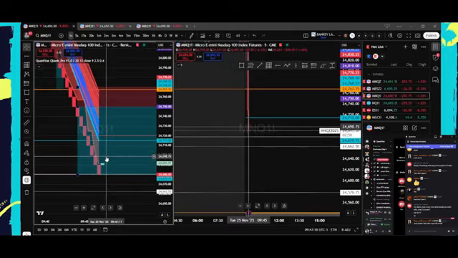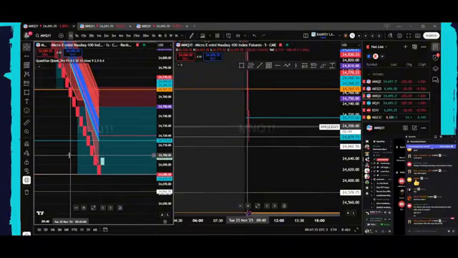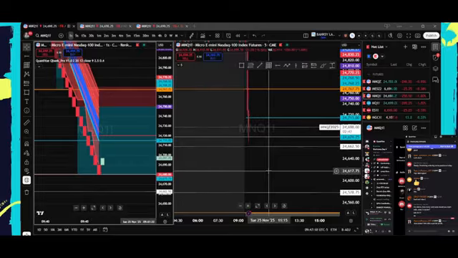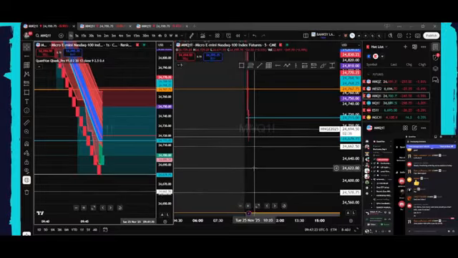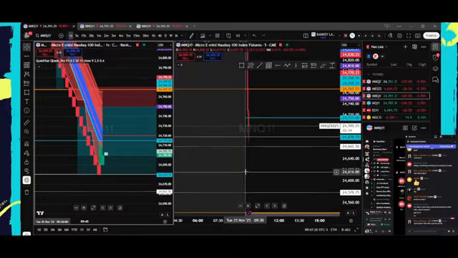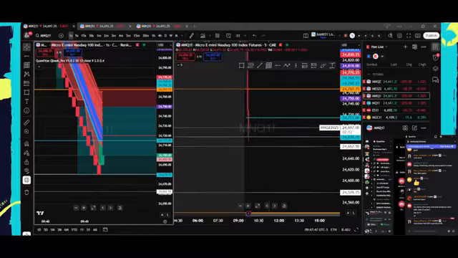The thing with trailing without taking partials is that when a move happens like this, if it comes back 40, 50 points, you're missing out on a good chunk of change, right? Especially for prop firms. If you're going to build a prop firm account up, you have to take partials in a way that secures profits, to make up for days where you're not seeing price move as smoothly or as efficiently, all that type of stuff, right?